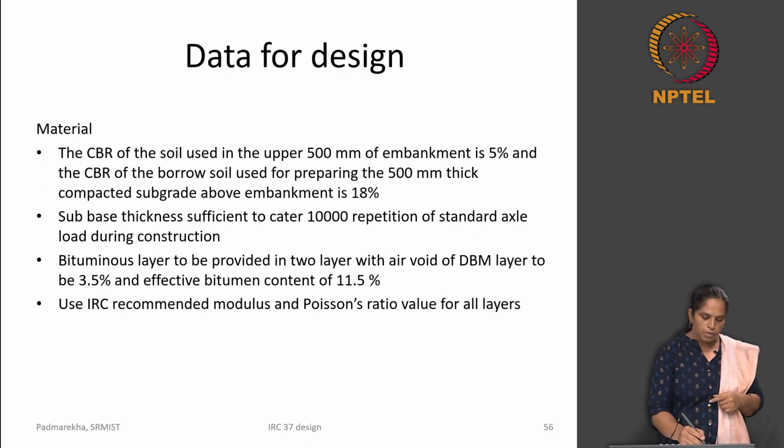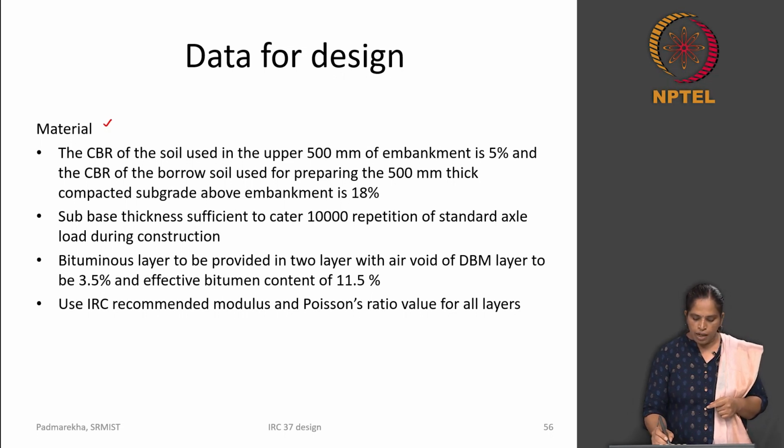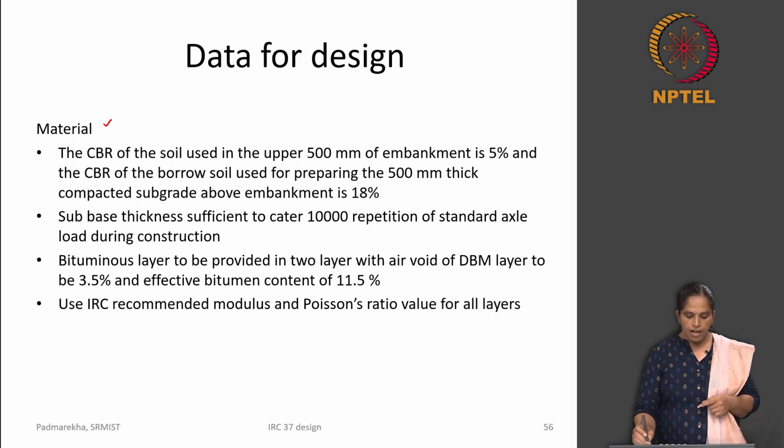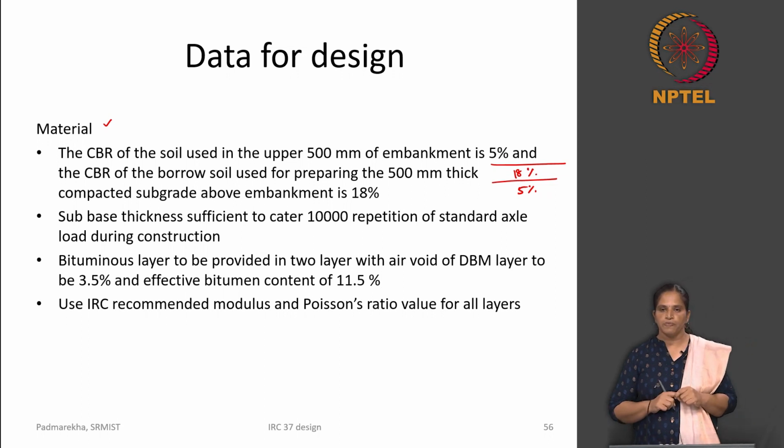Now what are the material inputs we need? We have a CBR of the soil used in the upper 500 millimeter of embankment as 5%, and CBR of a borrow soil used for the preparation of 500 millimeter thick compacted subgrade above the embankment is 18%. That is, you have a subgrade in two layers. One is the embankment, with a CBR value of 5%, and the compacted subgrade has a CBR value of 18%.